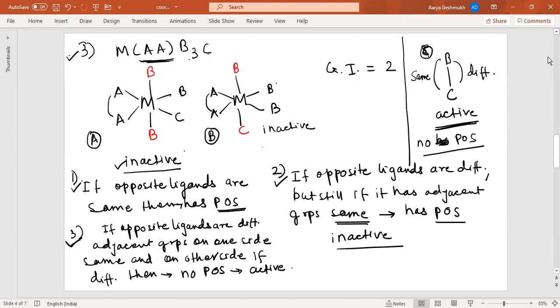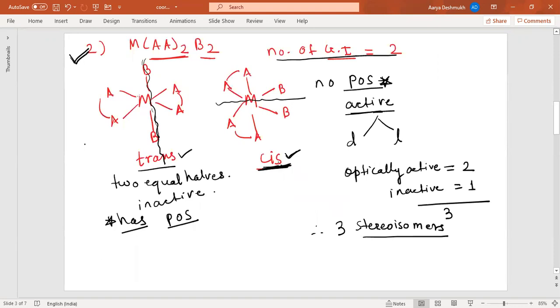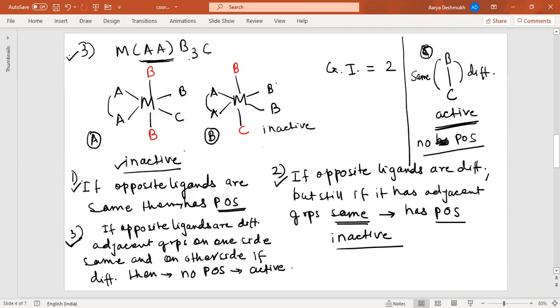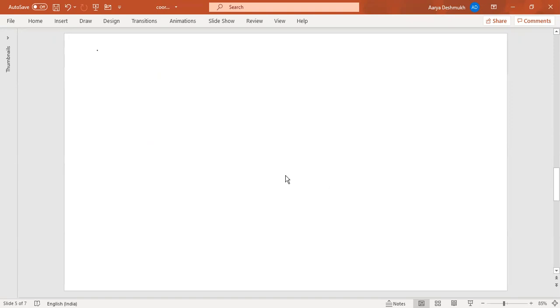So for this type of complex, the type would be like this: MAA B2C.